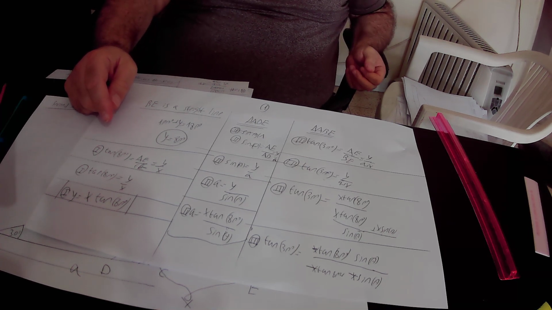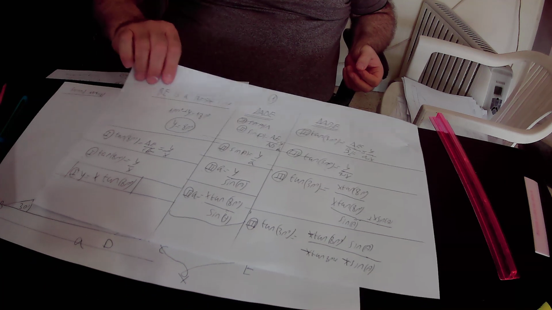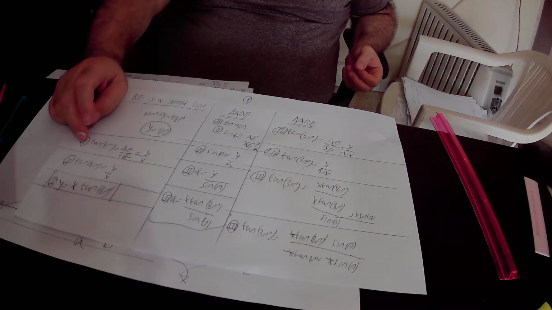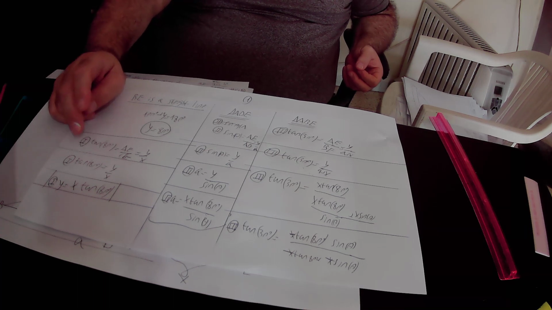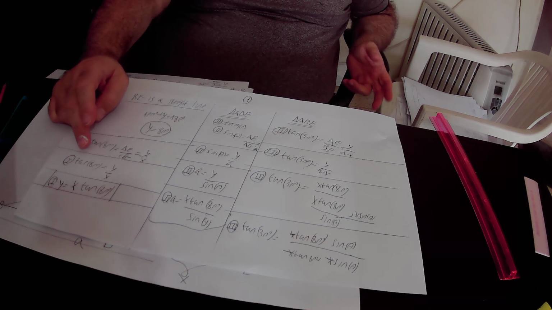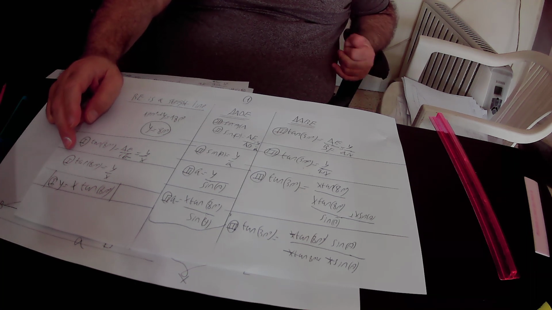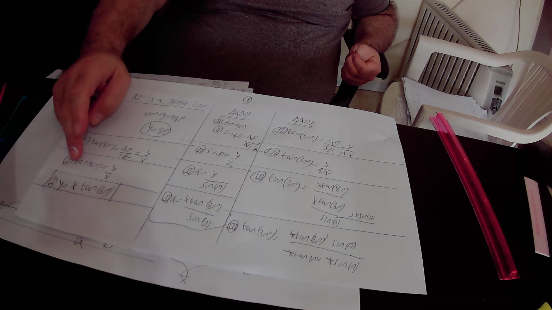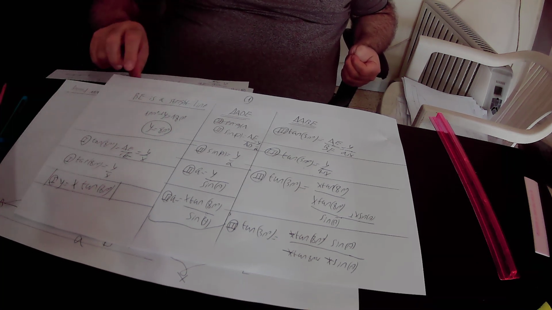So we found that tangent 80 degrees equals Y over X. We multiplied equation number 1 by X, and we got that Y equals X times tangent 80 degrees.